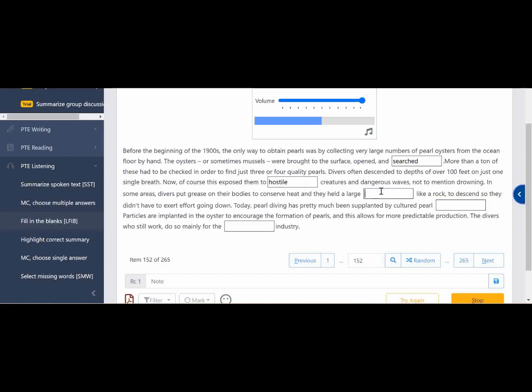In some areas, divers put grease on their bodies to conserve heat, and they held a large object, like a rock, to descend, so they didn't have to exert effort going down. Today, pearl diving has pretty much been supplanted by cultured pearl farms. Particles are implanted in the oyster to encourage the formation of pearls, and this allows for more predictable production. The divers who still work do so mainly for the tourist industry.